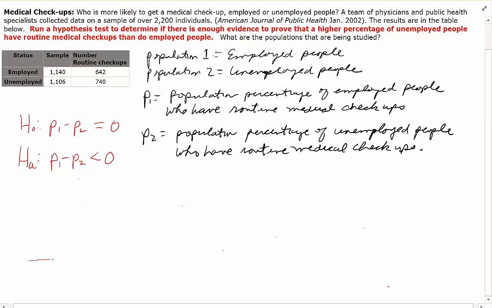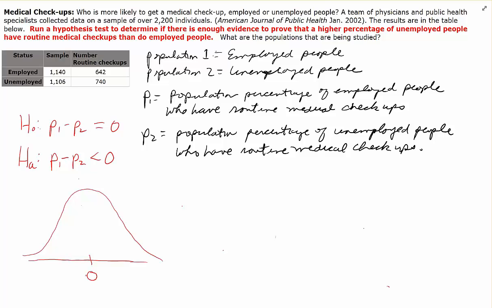In setting up the sampling distribution for the difference in sample percentages, I'm going to be centering that at 0, assuming that the null hypothesis is true, and see if our sample data agrees with it. This is going to be a lower tail test. My endpoint for my rejection region will be negative 1.645 standard units to the left of center, or 0.